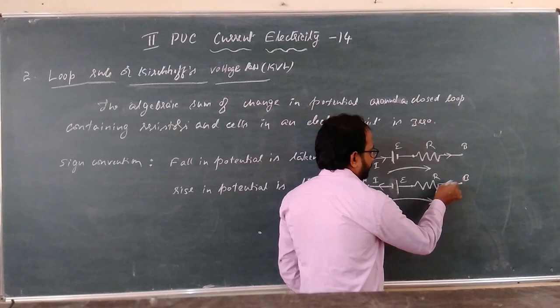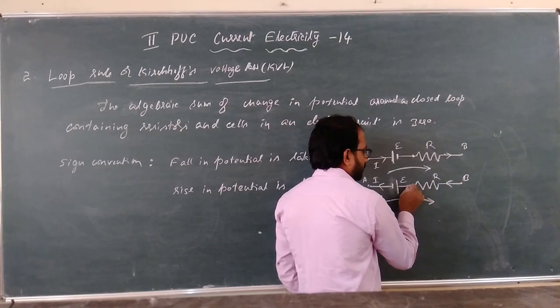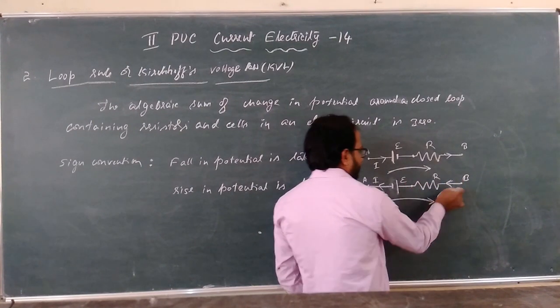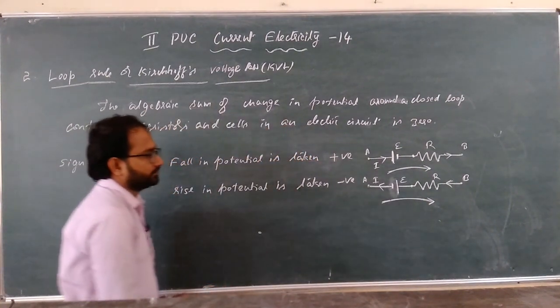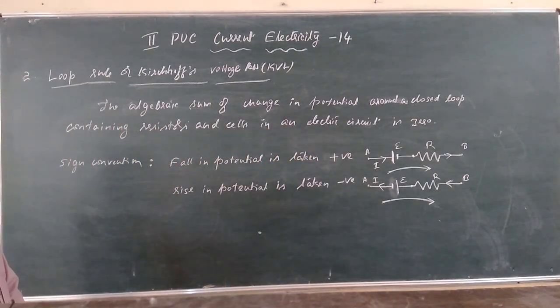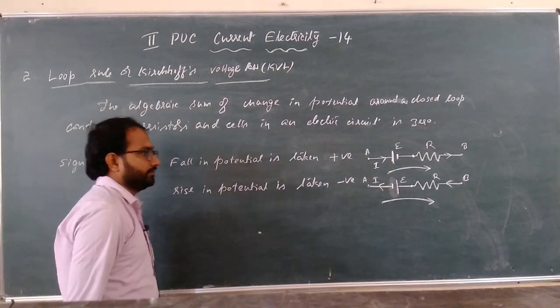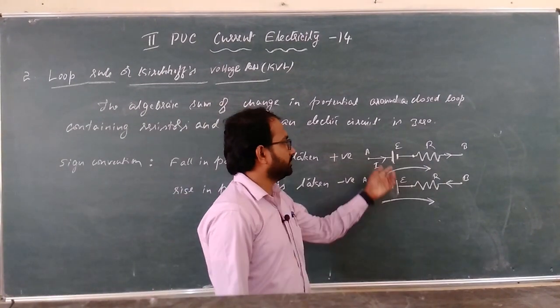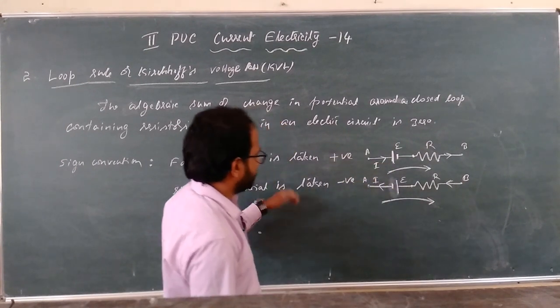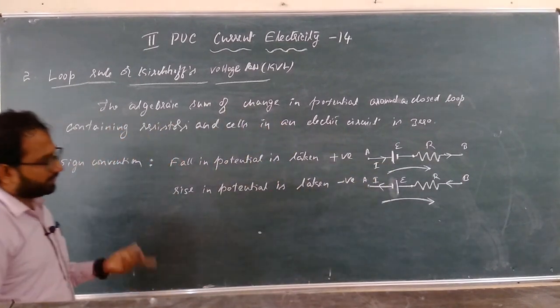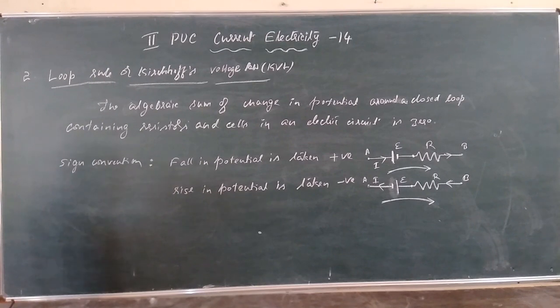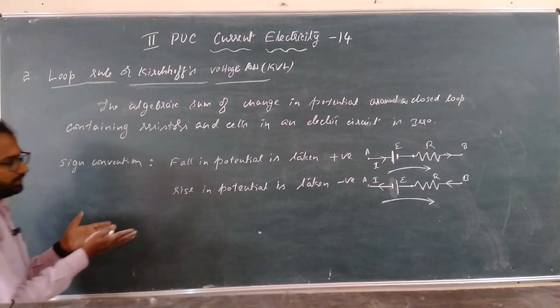Current is flowing from higher potential to lower potential, but you are moving from lower potential to higher potential, so you have to take the IR product as negative. The reverse also can be used, no problem, but we choose this one.